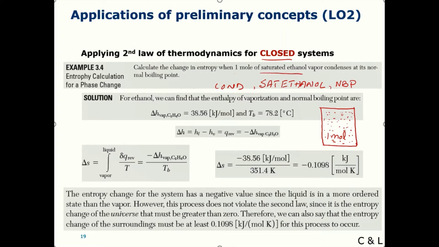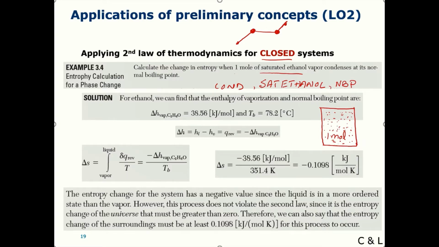Saturated vapor, what does it mean? That it is saturated, just like saturated vapor, not superheated steam, not saturated liquid. Remember, if I draw this was saturated liquid, this was saturated vapor, and this was superheated steam, right?